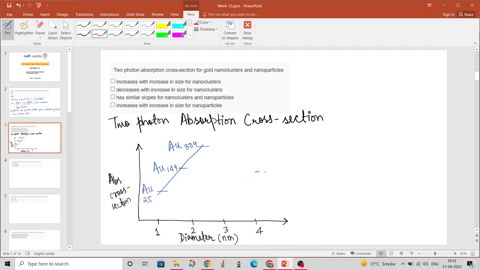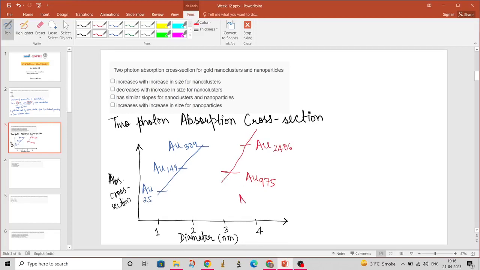So for the nanoparticles it is around 3. So here Au975, 2406.